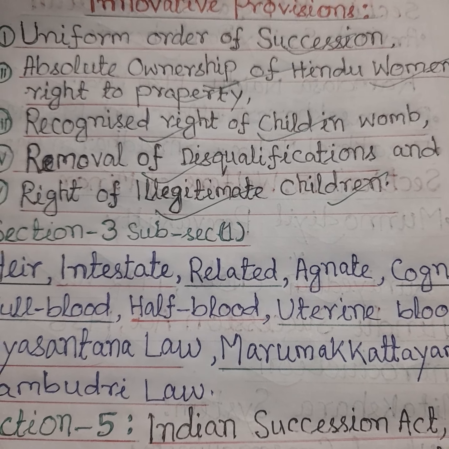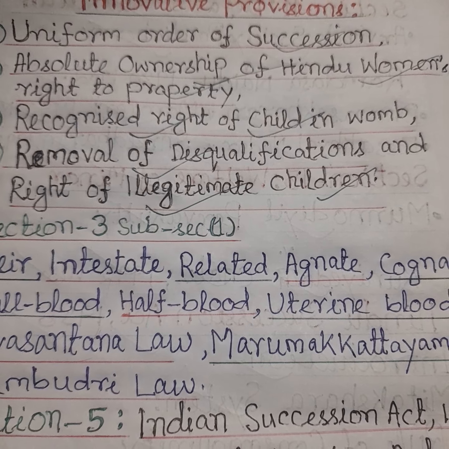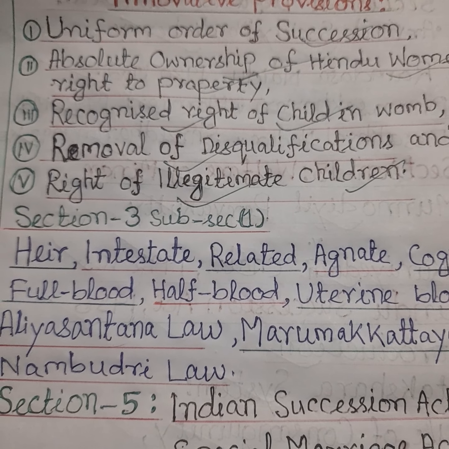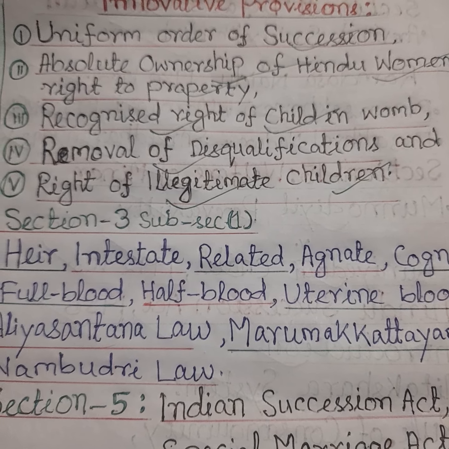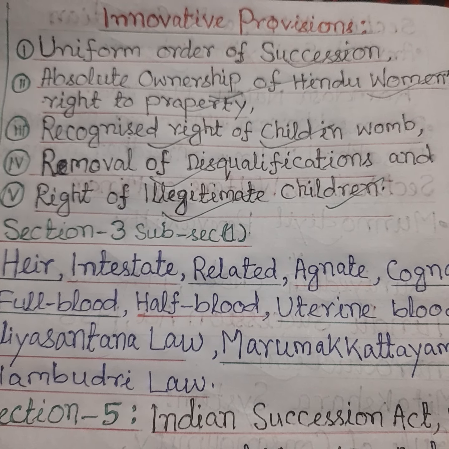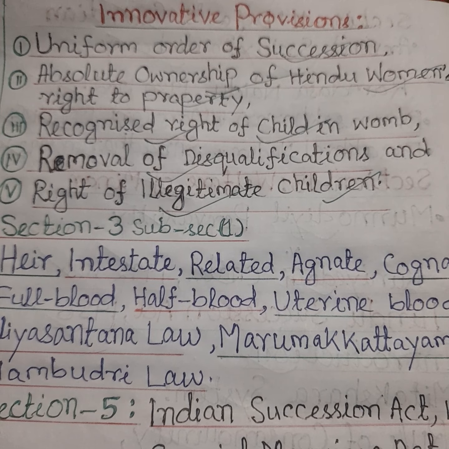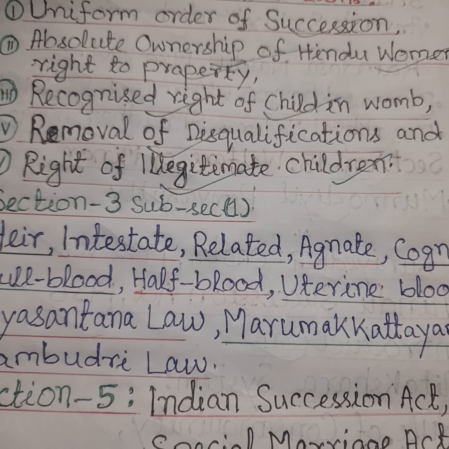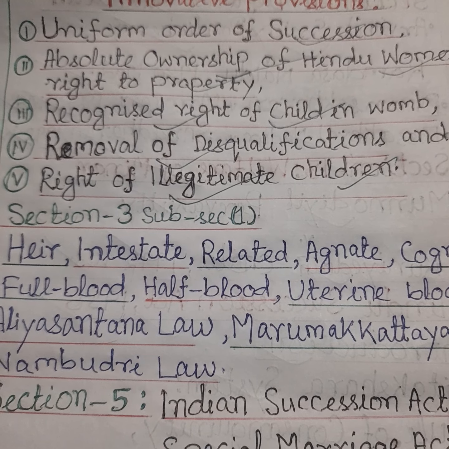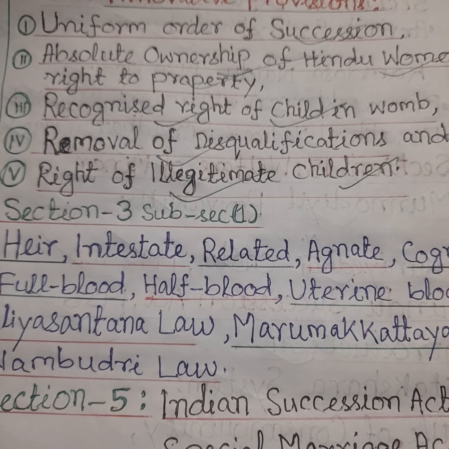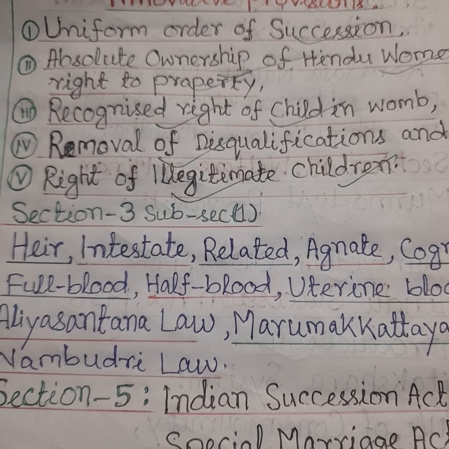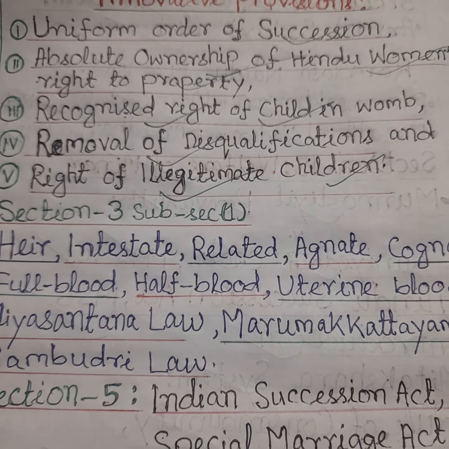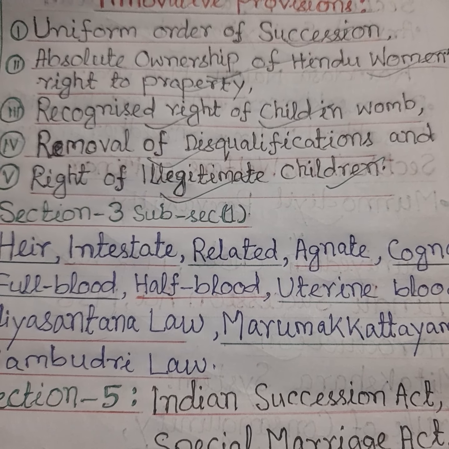Besides a uniform order of succession, the important innovative provisions are the absolute ownership of Hindu women's right to property, the right of the child in the womb at the intestate's death and subsequently born alive, and the removal of the disqualifications mentioned in the old law, as for example physical defects, deformity, or diseases.